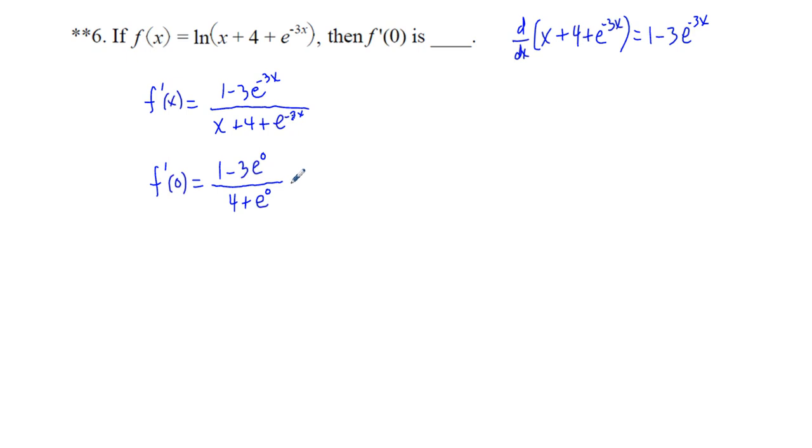So what we're going to get is 1 minus 3, or negative 2, over 4 plus e to the 0, which is 4 plus 1, or 5. So f prime of 0 equals negative 2/5. That's our answer. I hope this is helpful to you. Good luck, and thanks for viewing.